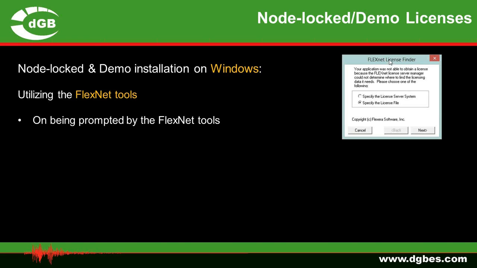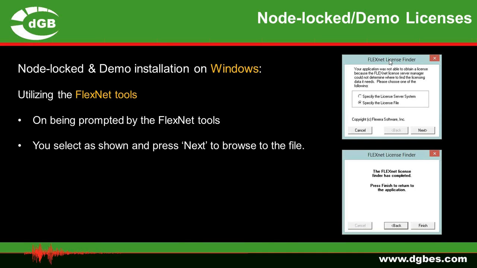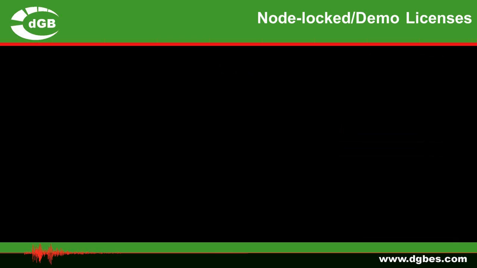In this case, for the node-locked installation, you should toggle the radio button which says specify the license file, as shown in this image. Click Next to browse to the file, and once you have installed it, you can click Finish and you're done.